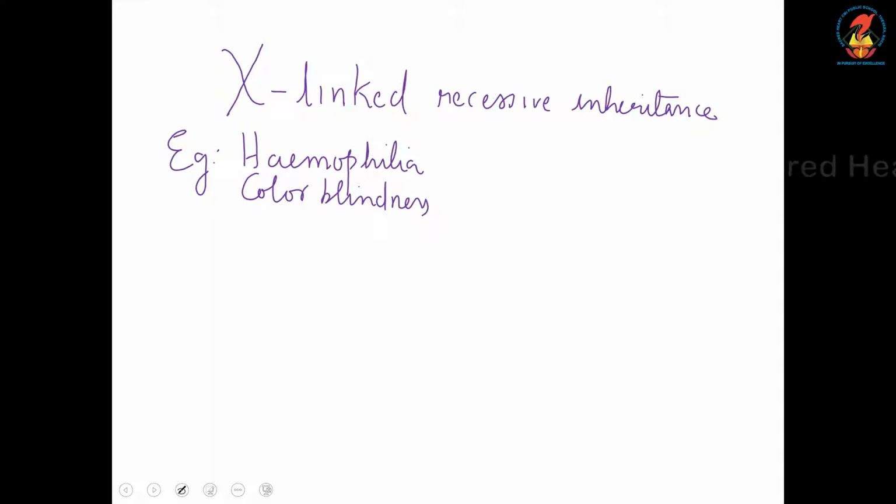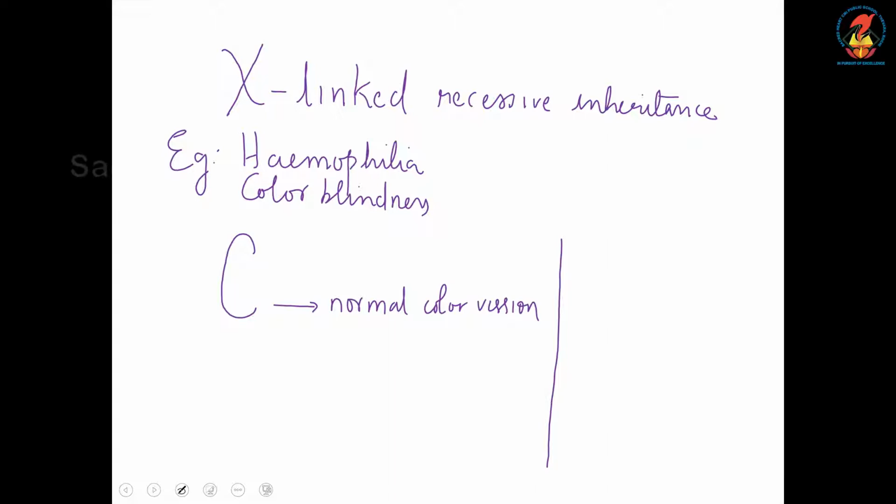Now remember, let this gene capital C indicate normal color vision, or in the case of hemophilia let it be normal clotting, because both have the same pattern. I am going together, explaining it simultaneously.